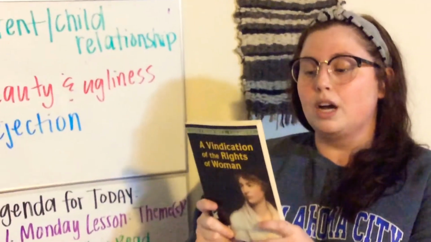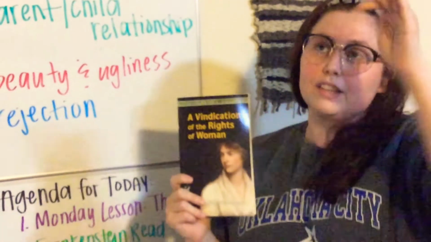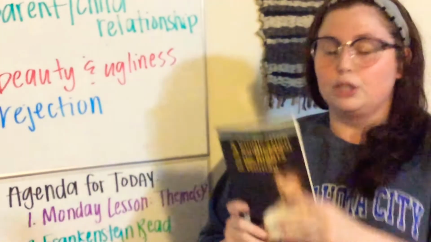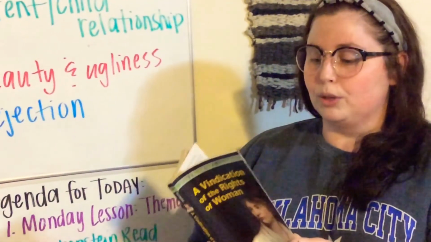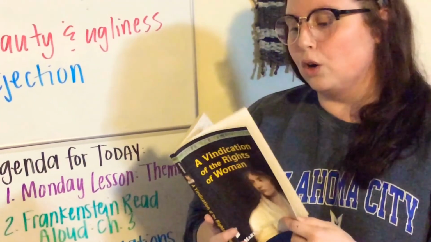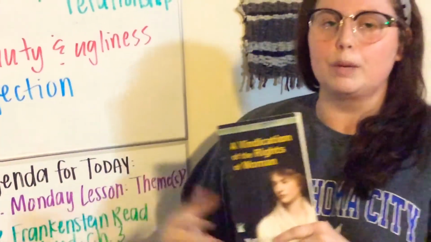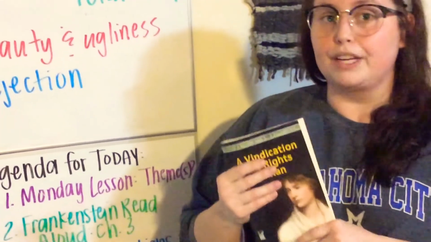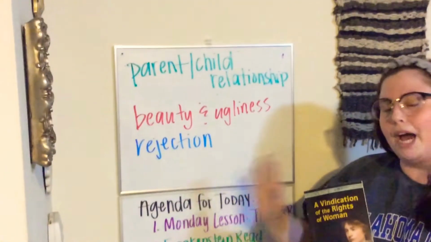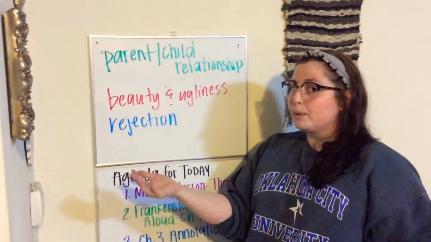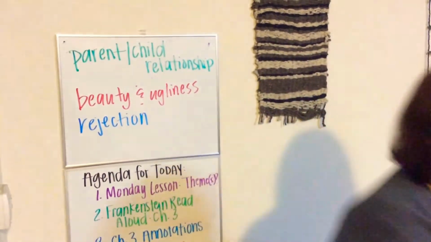And even though she was pretty well thought of by the elite thinkers of society, she was a feminist. She believed that girls should go to school and girls should be able to run for office and vote. And so she was kind of looked down on by a lot of people in society and often faced rejection. So this is kind of a thought that Mary Shelley is really passionate about, is why are people rejected by society and then what happens to them if they are.